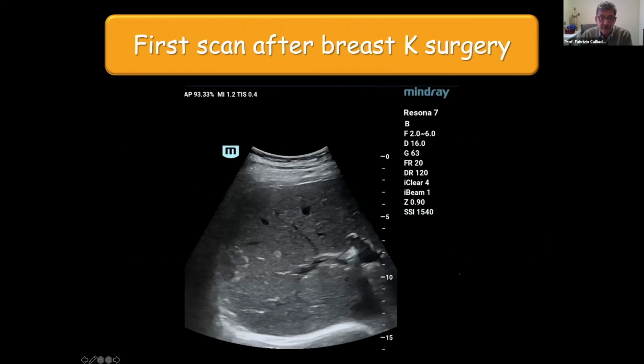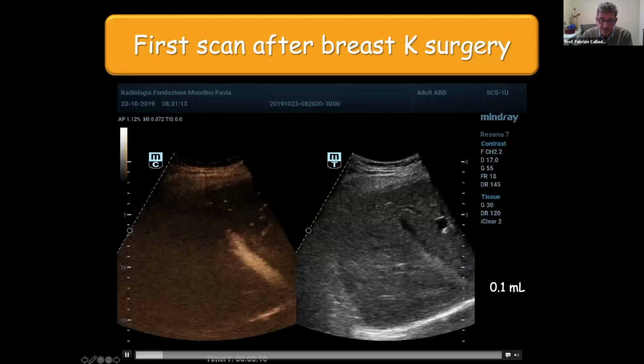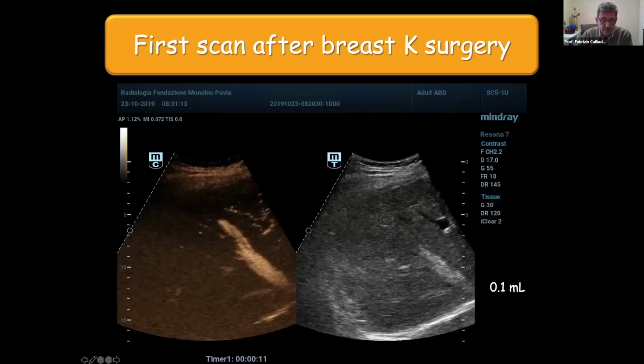This is another case. It's a first scan after breast surgery, and there is this lesion here. Okay, it's a normal patient. Probably I was thinking about a hemangioma, but in this case, of course, we need to do CEUS because she's a cancer patient. And here, what is happening with 0.1 milliliter?